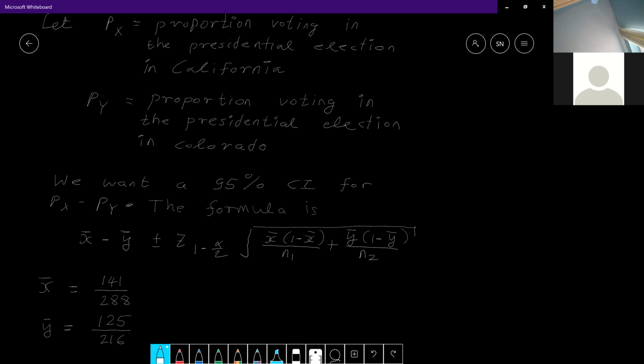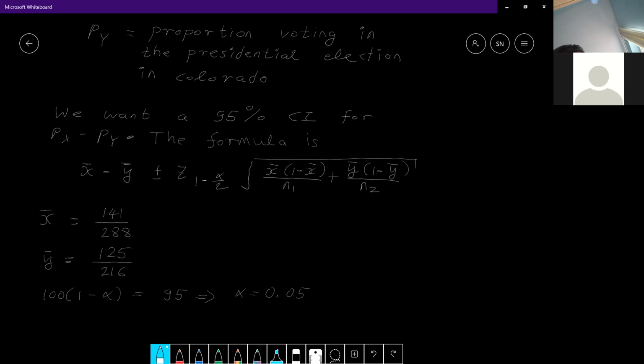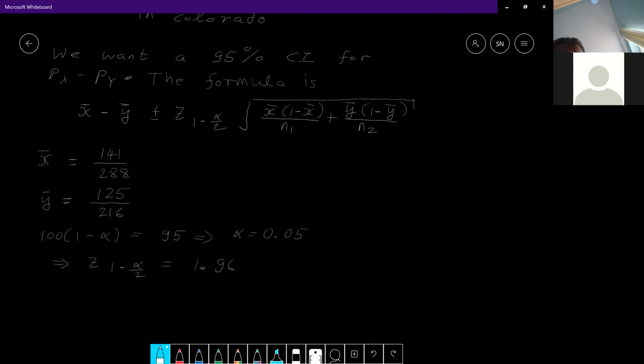Okay, and we want a 95% confidence interval. So 100 times (1 minus alpha) is 95, in other words, alpha is 0.05. So z_(1 minus alpha by 2) is approximately 1.96, right? Are you guys with me?